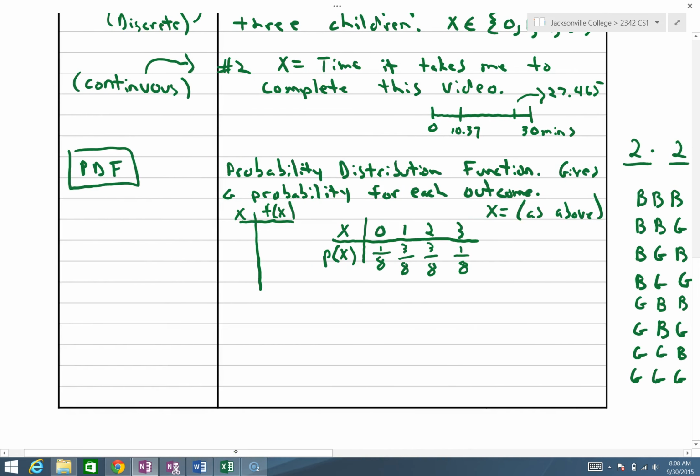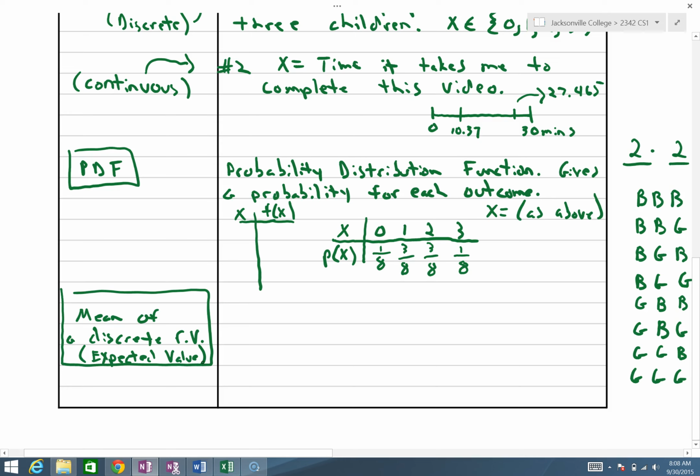One important question is what's going to be called the mean of this random variable. Mean of a discrete RV. All right. And we also call this the expected value. Expected value. Okay. We use a couple of different symbologies here.